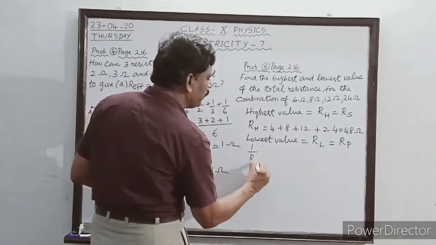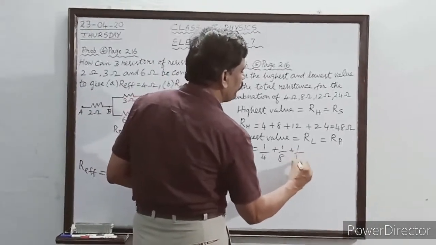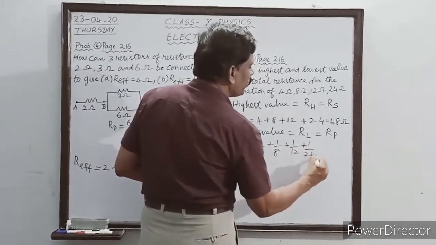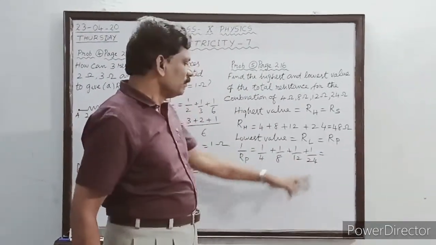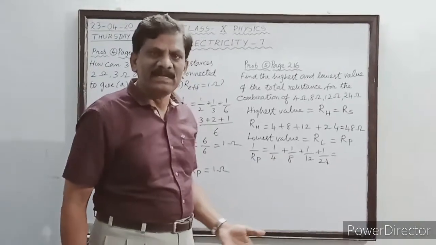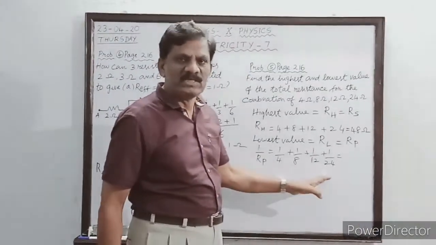1 by Rp is equal to 1 by 4 plus 1 by 8 plus 1 by 12 plus 1 by 24. So we have to add these numbers. What can be the LCM here? It is 24 itself, because all these numbers are factors of 24, is it not?